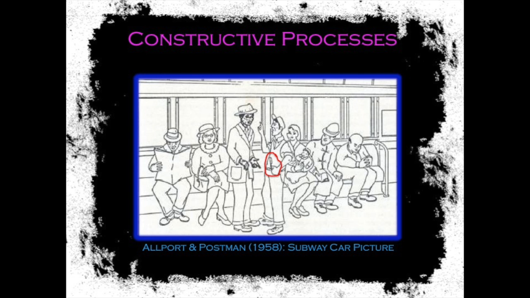Because when they thought of a crime being committed on a subway car, they thought of an African American person because they had their own racist schemas that they used to construct their memory or fill in the blanks.